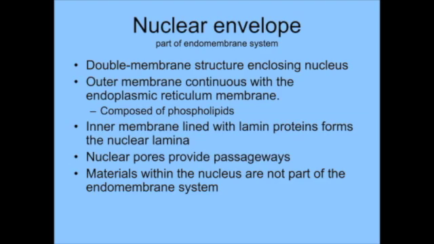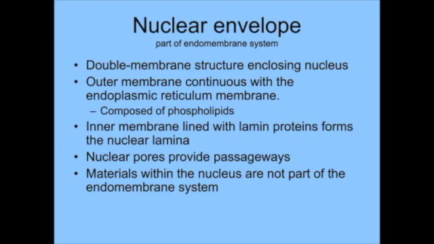The inner membrane, also composed of phospholipids, is used structurally to help with protecting the genetic material in the chromosome. The inner membrane is lined with lamin proteins, and these form what is referred to as the nuclear lamina. The nuclear lamina helps to keep the nucleus in a 3-dimensional structure, and it also allows for some anchoring of some of the microtubules and actin filaments used for chromosomal territories.